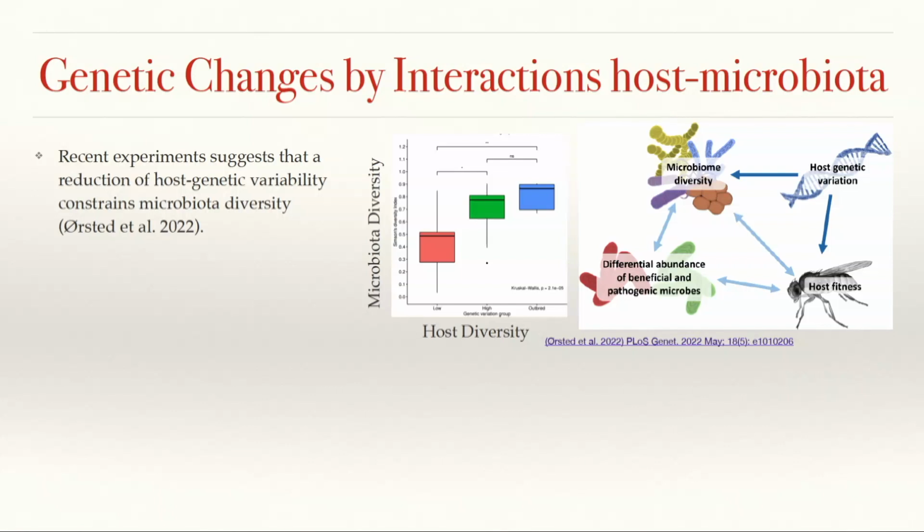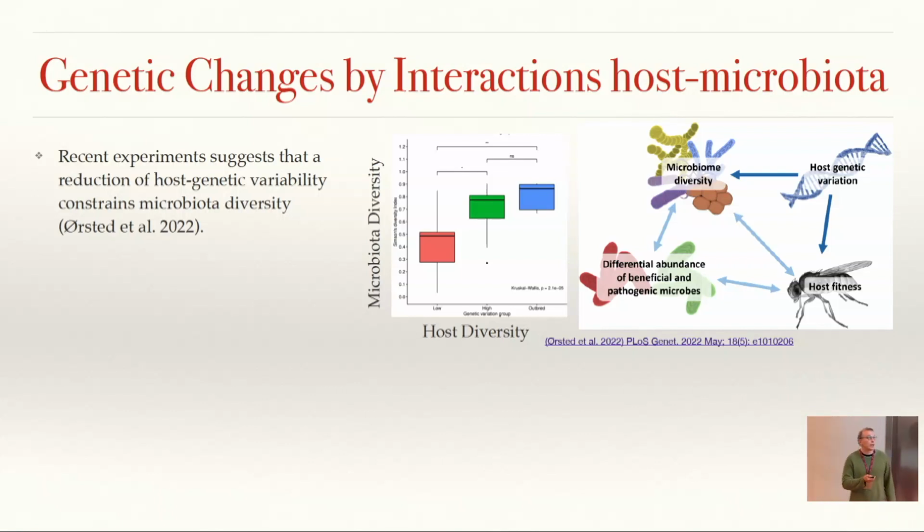When we want to look at the interactions of host and microbiota, there were recent experiments that suggest that a reduction in host genetic variability constrains microbiota diversity. Here, what we can see in this first plot is that with host populations of lower or higher diversity, they detected higher microbiota diversity.